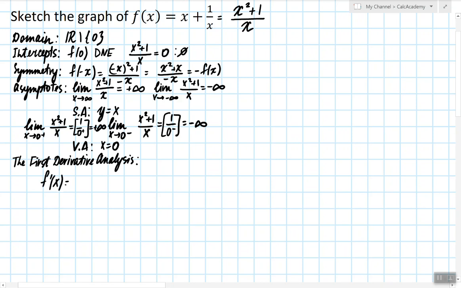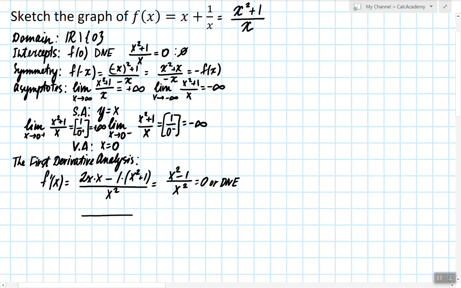So the derivative of f is 2x times x minus the derivative of x times x squared plus 1, divided by x squared. Simplifying this gives us x squared minus 1 over x squared. And we're looking for the values where the derivative is equal to 0 or does not exist.